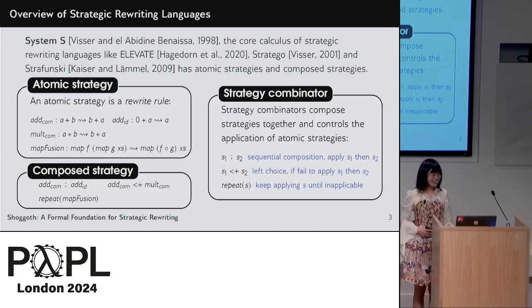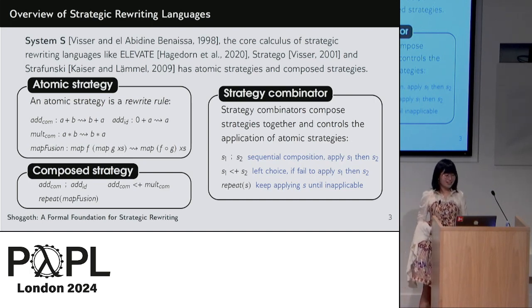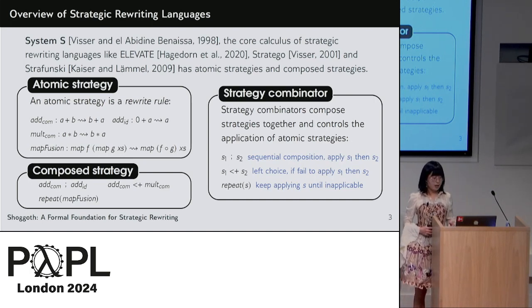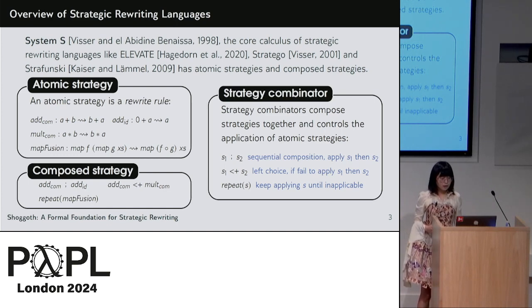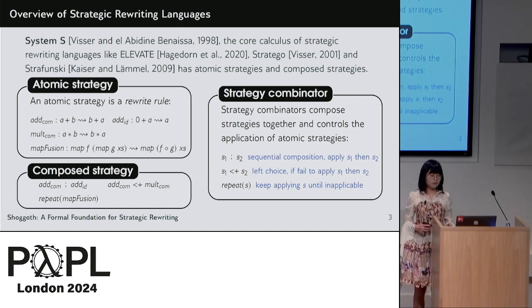And yes, an overview of the strategic rewriting languages. The core language we study is System S, which was created by previous authors. It is adapted to a lot of strategic rewriting languages like Elevate for program optimization, and Stratego, Stravinsky and Loud.